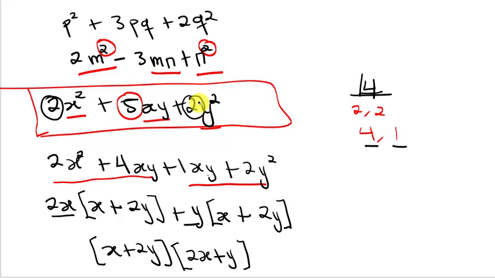Let's consider another example. We have x squared plus 2xy plus y squared. Indeed, this is a quadratic expression involving two variables, and it is in the form of the standard type. Now, how do we factorize this expression?